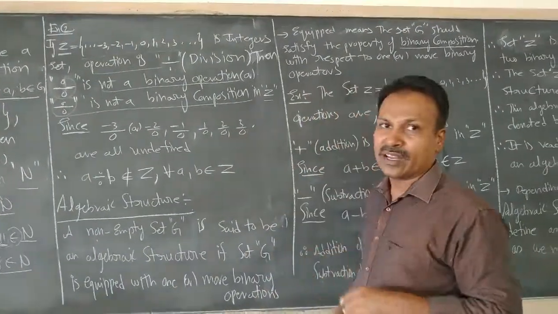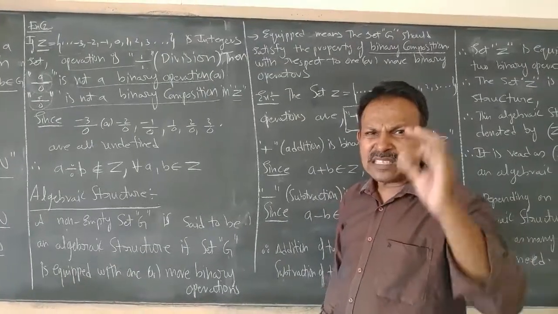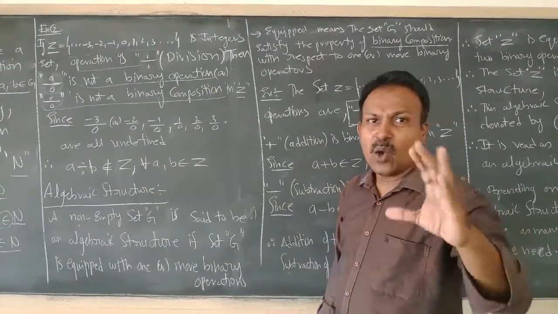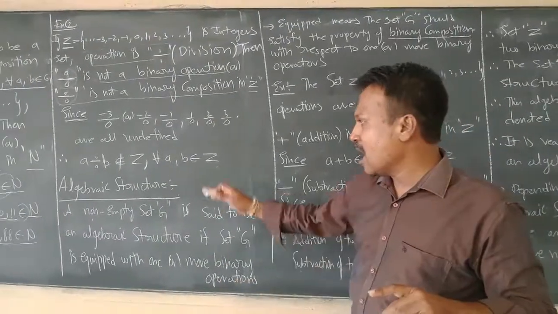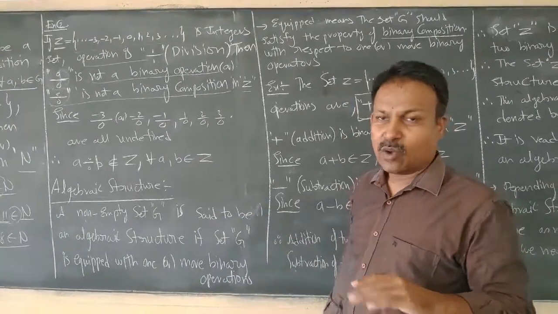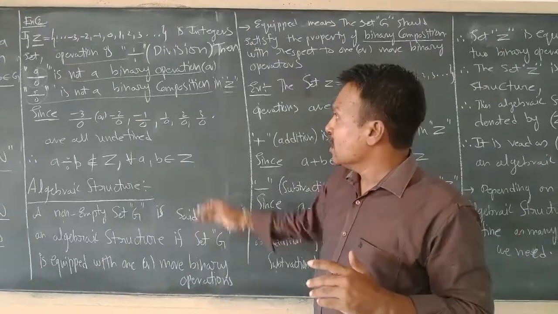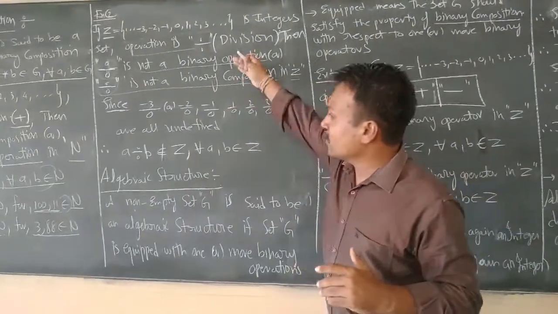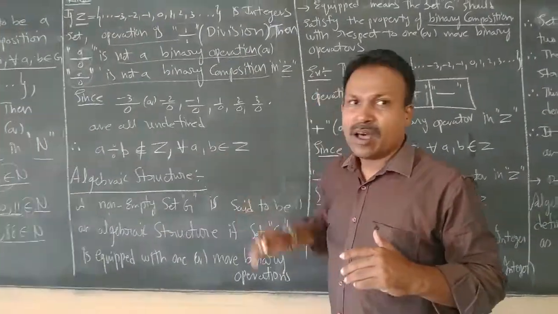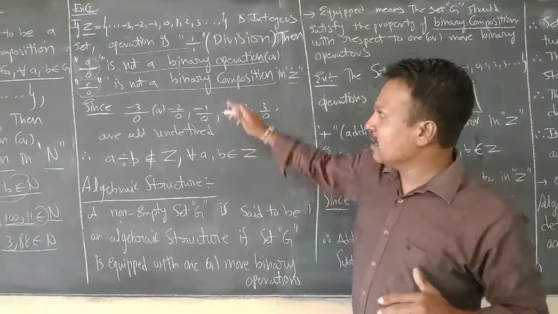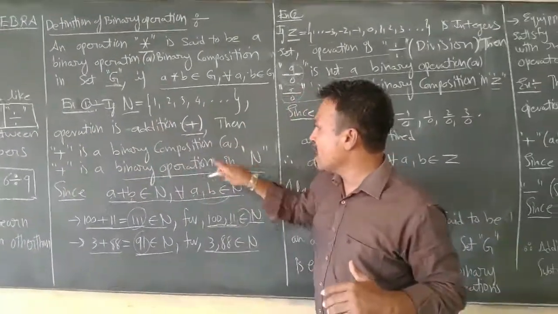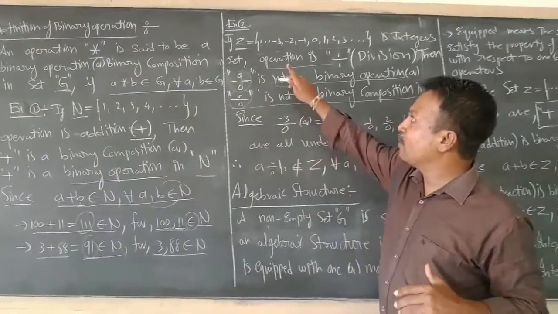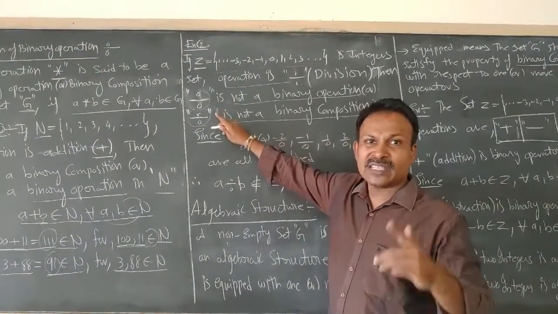If I go further, the best known and basic definition in group theory is the algebraic structure. What is an algebraic structure? There is a linkage between binary operation and algebraic structure. Here, in example 1, I have taken only one operation, plus. In example 2, I have taken only one operation, division.